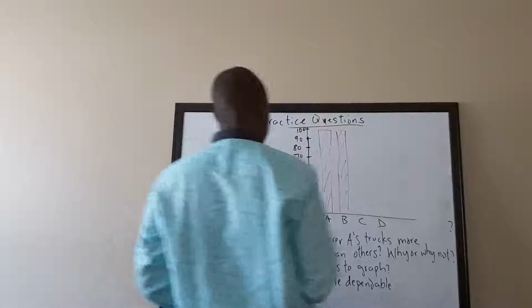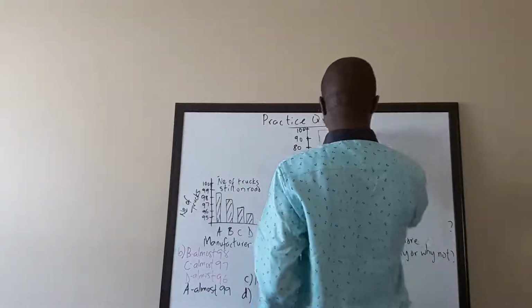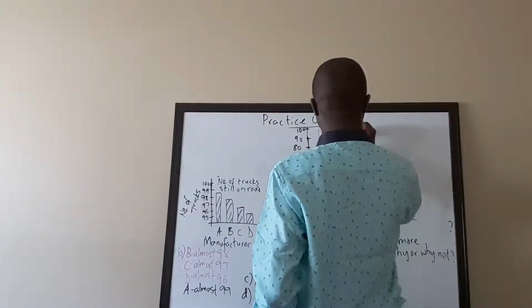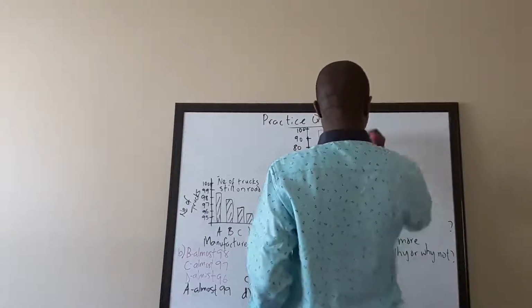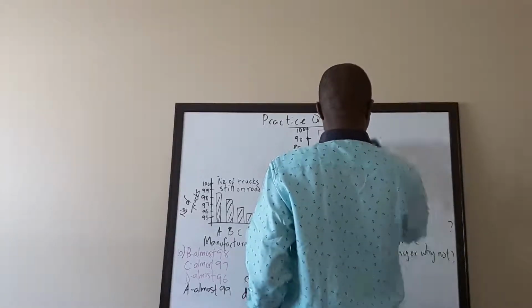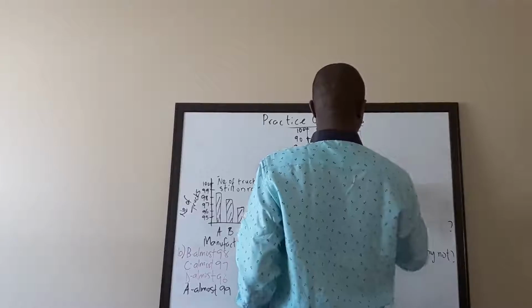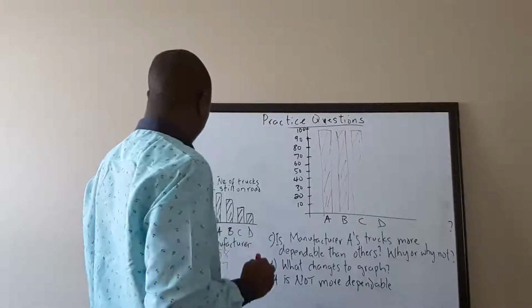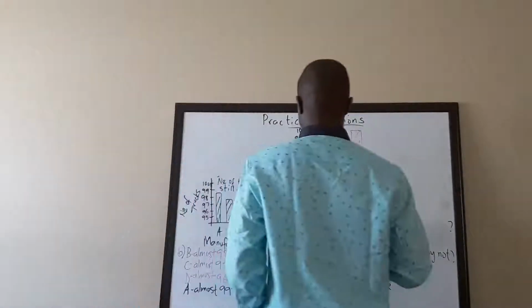Manufacturer C is almost 97. Manufacturer D is almost 96.